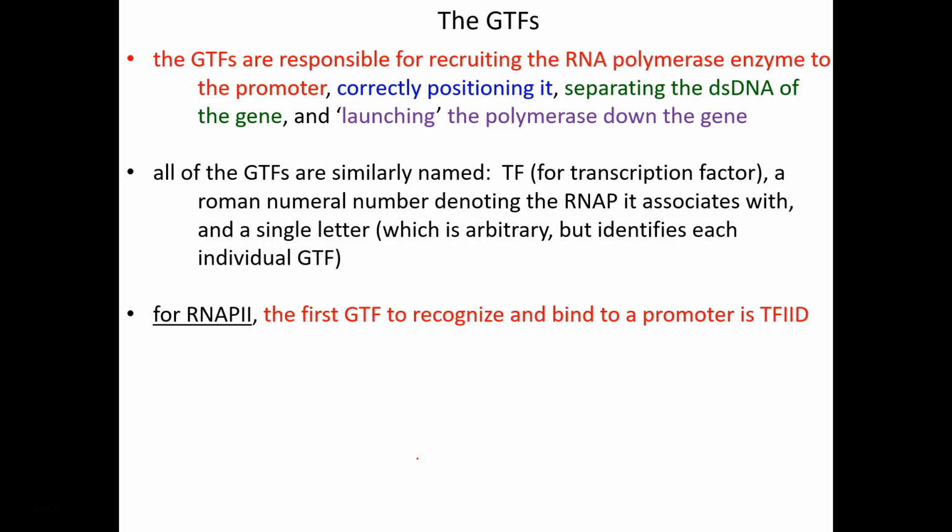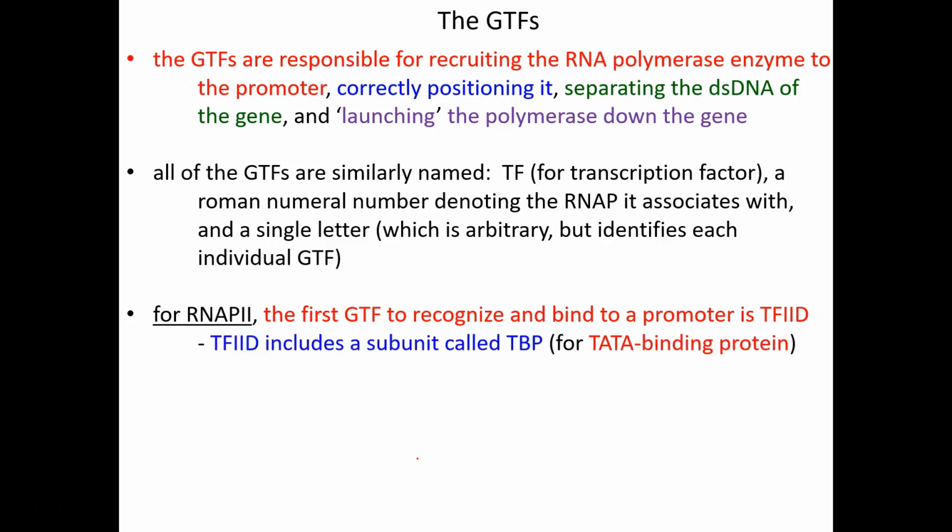For RNA polymerase 2, the first GTF to recognize and bind the gene, the first GTF that physically binds to the promoter of a gene that needs to be transcribed, is TF2D. TF2D contains as one of its subunit proteins a protein called TATA binding protein, TBP.